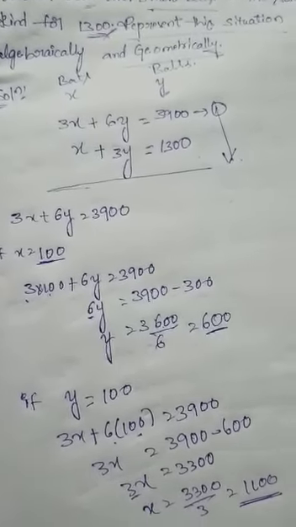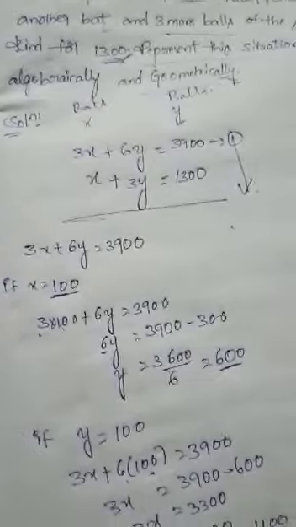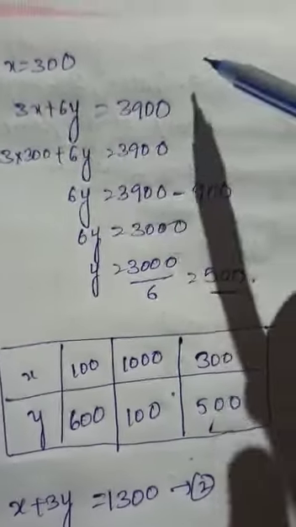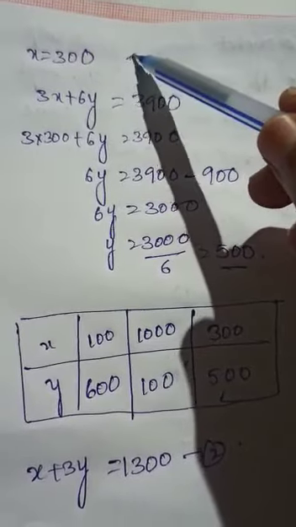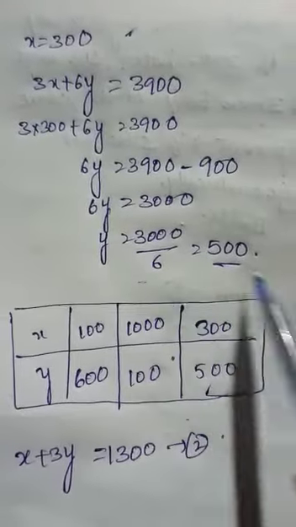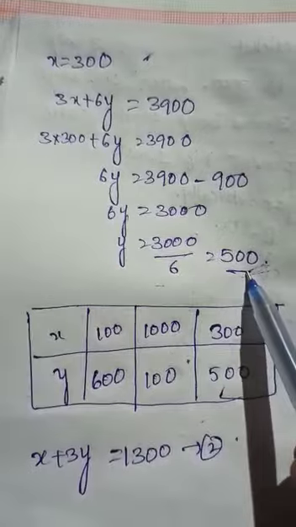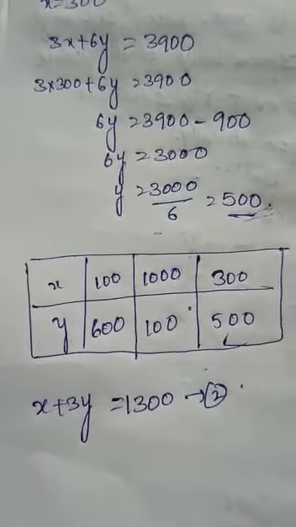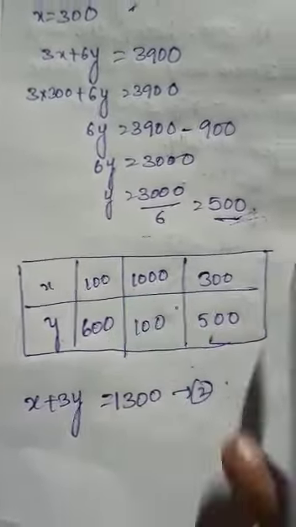Next, if I take x equal to 300, we get y value 500. So write the x and y values in a tabular column. First point 100, 600.